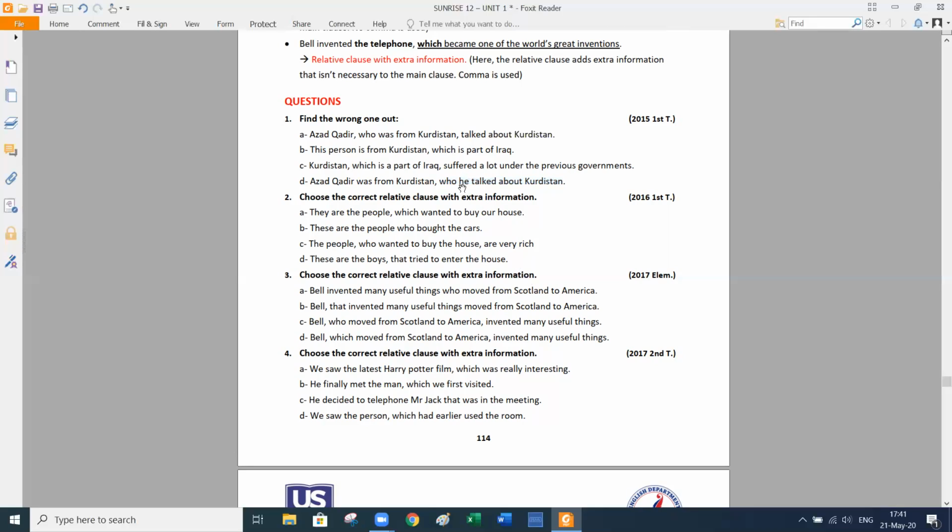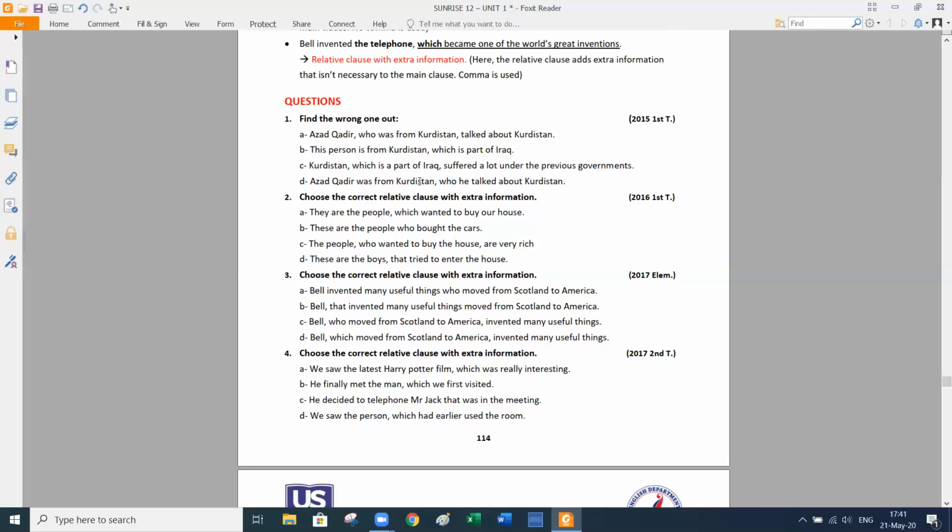The second mistake in this sentence is that the pronoun is repeated. Who refers to Azad Kadir. He refers to Azad Kadir as well. Who and he refer to the same person. So we don't need to repeat he, okay? Who alone will be enough.